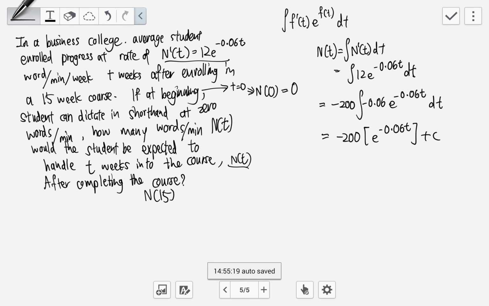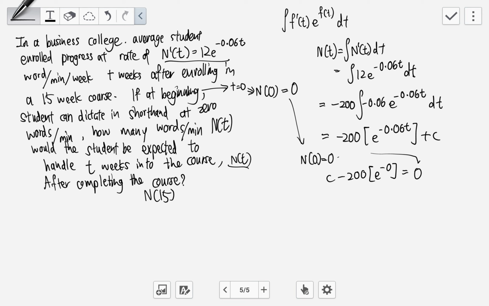That's it. So I know that N(0) equals 0, and this means that c minus 200 e^(-0), e^0 is 1, so 1 over 1 is still 1, so c minus 200 equals 0. The 0 comes from here, then the 0 is substituted inside here.